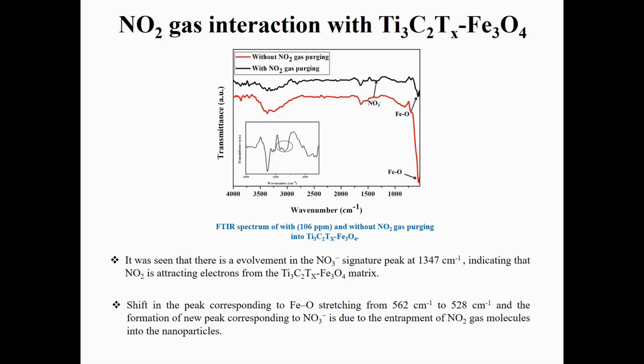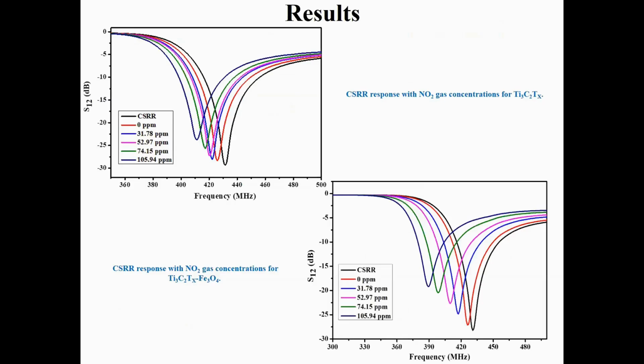This suggests that NO2 is attracting electrons from our material and interacting with it. Also, the shift in the peak from 562 to 528 again suggests that the sensing has been done.